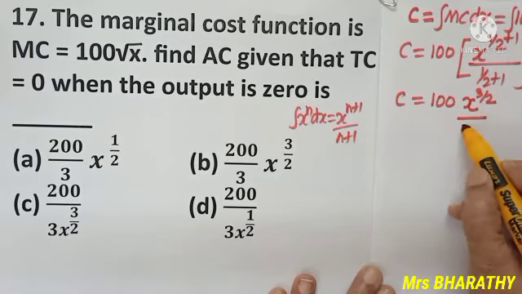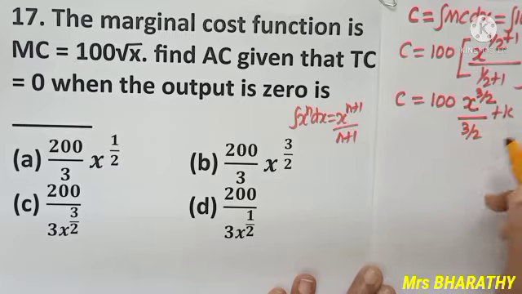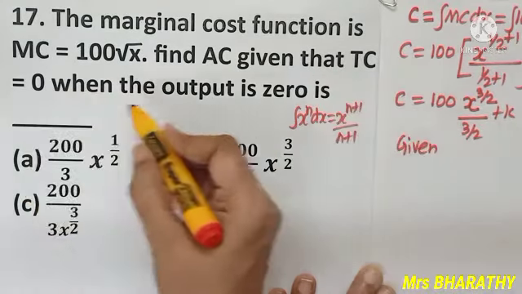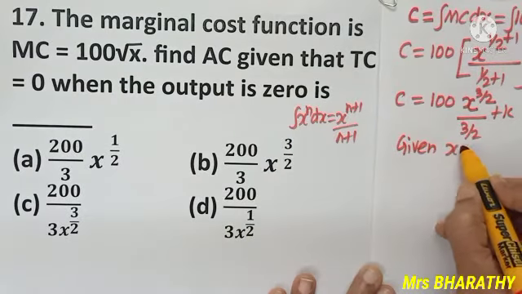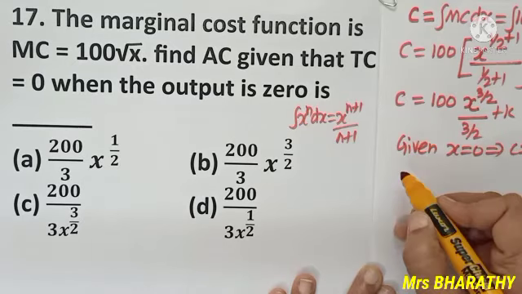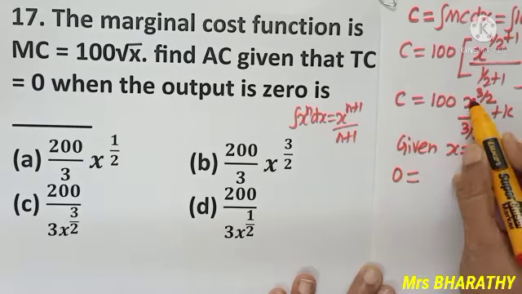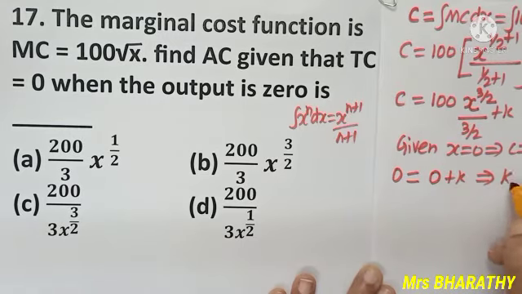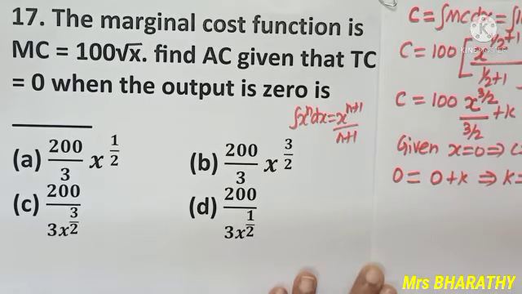Denominator also 2 plus 1, 3 by 2 plus k. Given total cost is 0 when the output is 0. So x is 0 implies cost is also 0. As I substitute 0, x is also 0 plus k. That gives us k value is also 0.